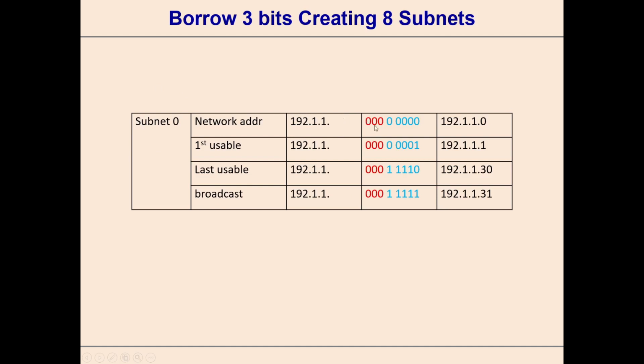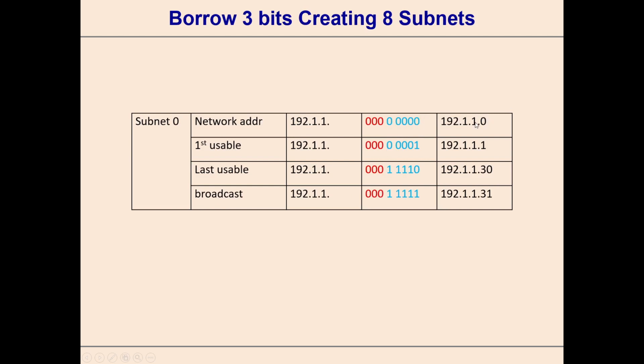Now, let's look at subnet 0. When we take the lowest value for the 3 borrowed bits, 000, that gives us subnet 0. The 3 borrowed bits increase to create a new subnet. So we start from the lowest subnet value, 000, and the host portion starts from the lowest value, all zeros, so 5 zeros.